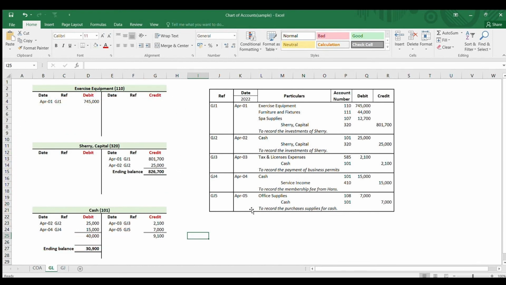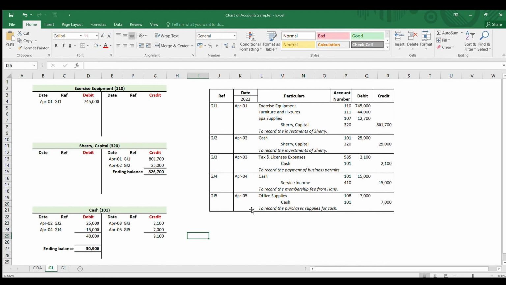For example, in exercise equipment, there is a debit amounting to 745,000. We will record it here on April 1 with the corresponding amount. As you can see in the journal entries, there are no other entries that involve this account. Let's now proceed with the second account, which is Sherry capital.